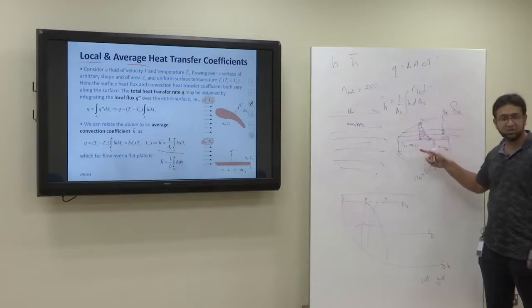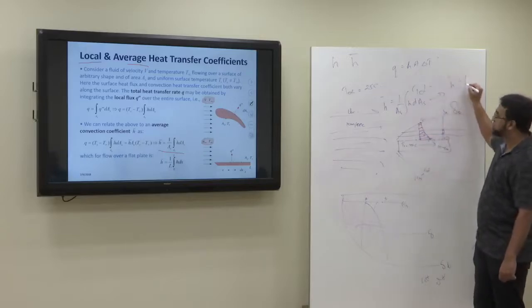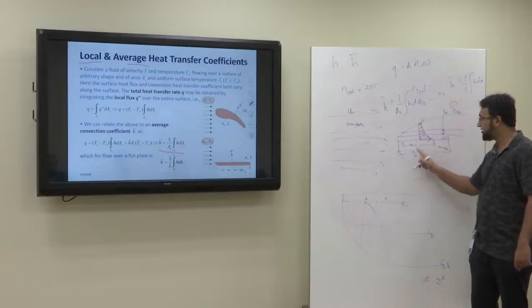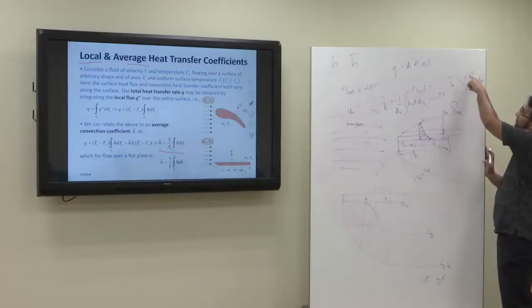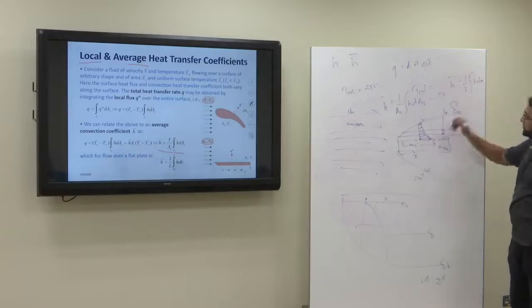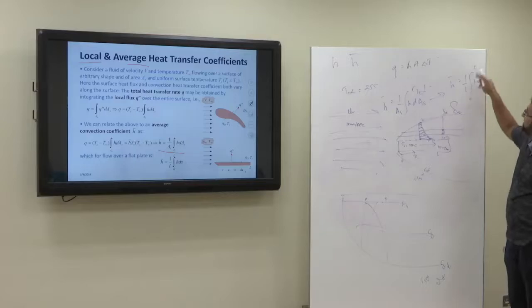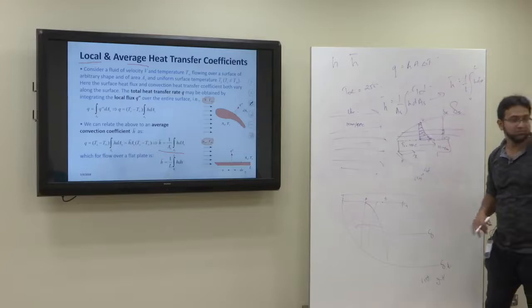That's the two-dimensional form. If it is one-dimensional form, then h bar is equal to 1 upon L, integral h dx. If this is your x, as you change the position of x, h will change. So find the h for the complete range, let's say from x = 0 to x = L, integrate, and divide by L, and you'll get the average heat transfer coefficient.